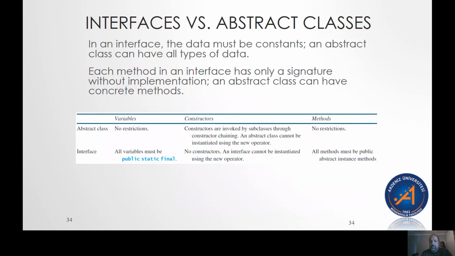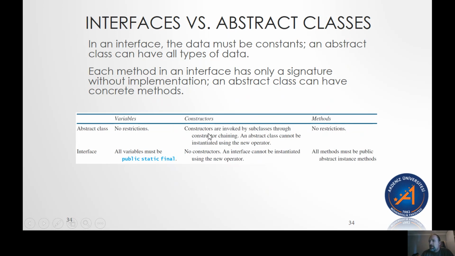So a few differences: interfaces versus abstract classes. An abstract class can have any type of variable. They can be public, private, protected, static or not static, final or not final, whatever. No restrictions on an abstract class. In an interface, all variables are public, static, final.